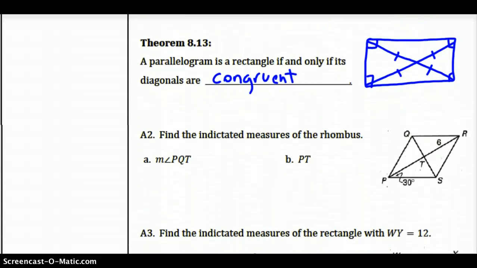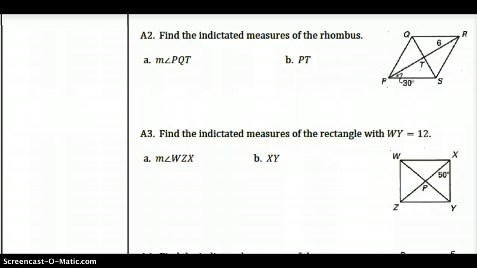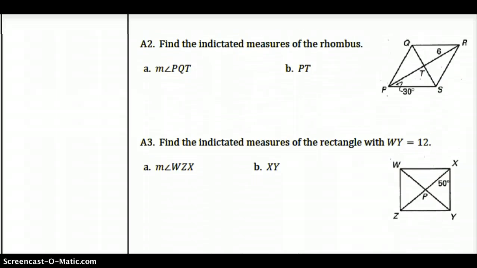Continuing. We have some problems here pertaining to each of the 3 no figures. Find the indicated measures of the rhombus. So I'm told it's a rhombus, so I know right off the bat, I've got this going on. I know this is congruent to this. First of all, they want us to find the measure of PQT. PQT is right here.